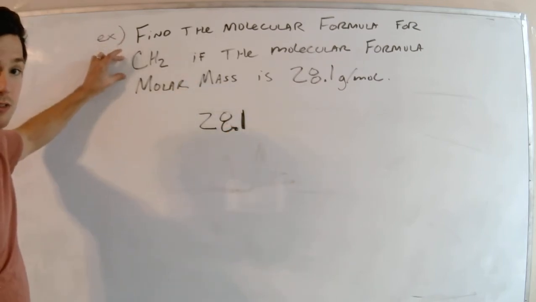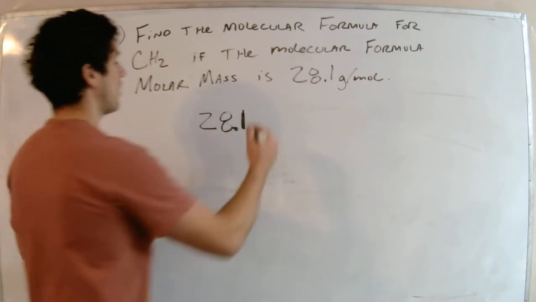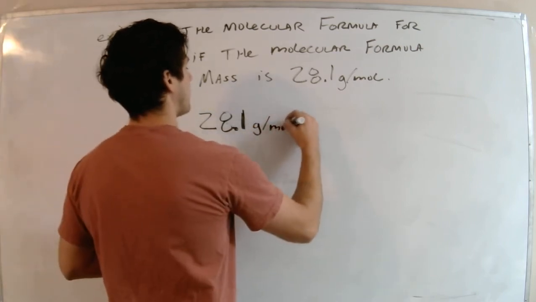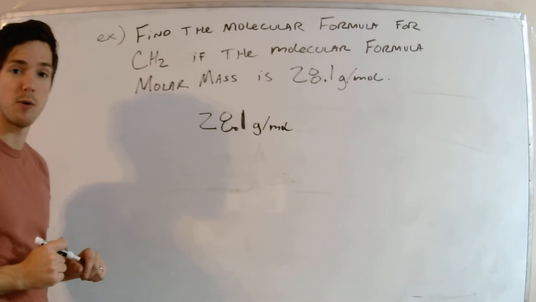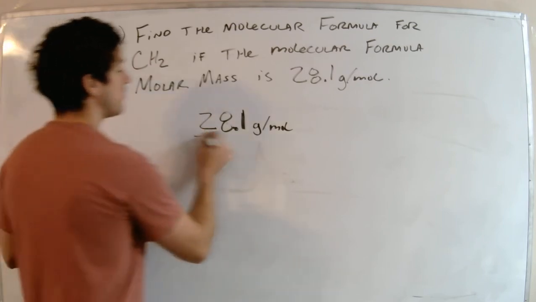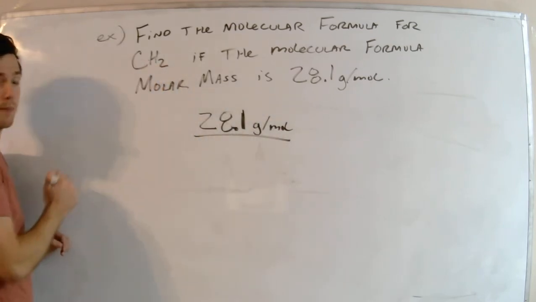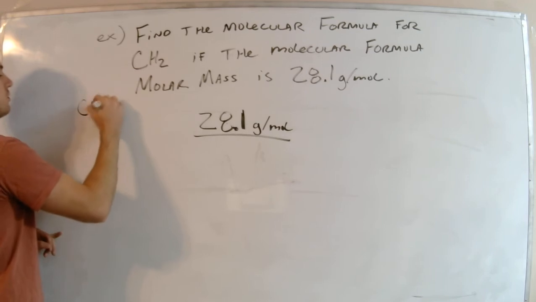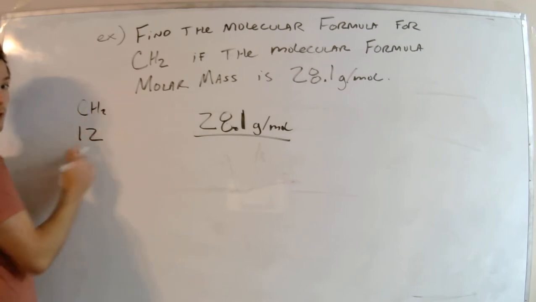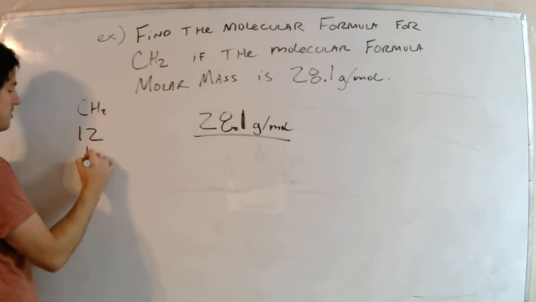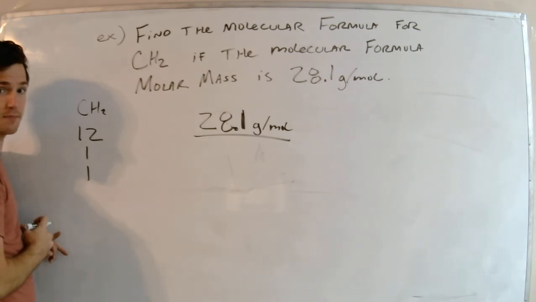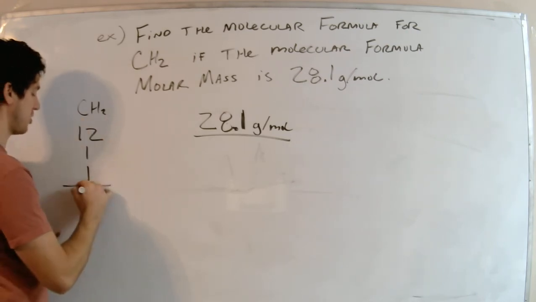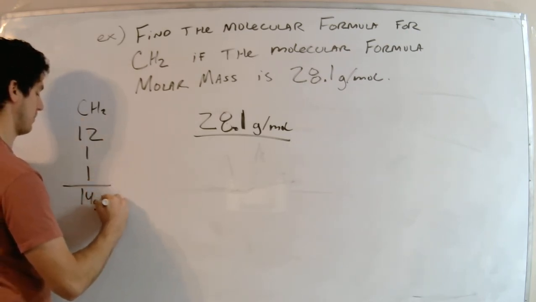Okay? So they gave us the whole molecular formula molar mass of 28.1 grams per mole. Now the empirical formula molar mass of CH2 is 1 carbon, which is 12, and 2 hydrogens. So the molar mass of CH2 is 14 grams per mole.